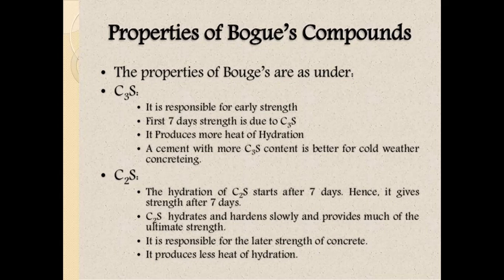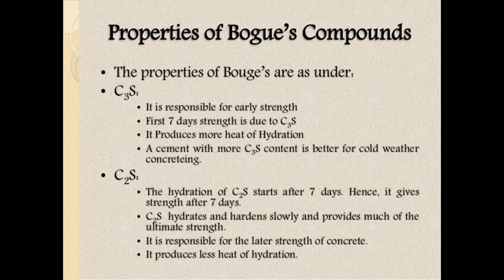That is, it decreases the rate of gaining strength of the cement or the concrete. So to increase the heat of hydration in cold weather conditions, we use the cement with more amount of tricalcium silicate.